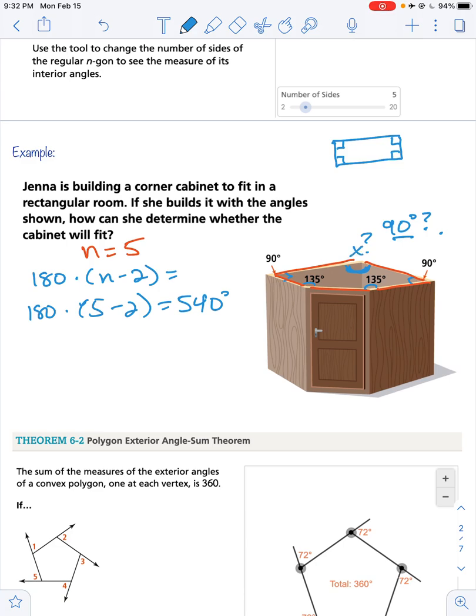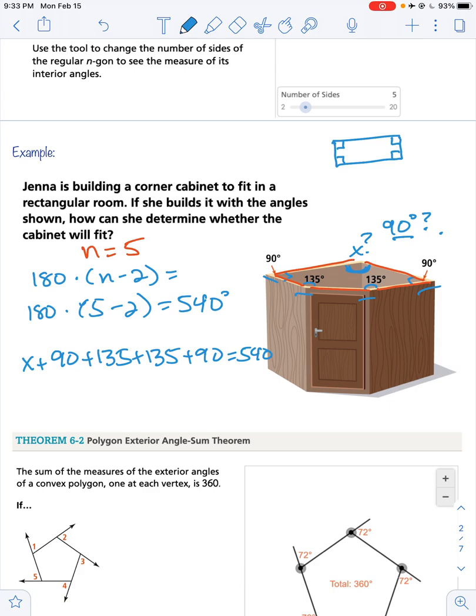So if I make this one x, I know that x plus 90 plus 135 plus 135 plus 90, which is all the other angles that I had, has to equal 540. So I can figure out what my missing angle is. Let me add all the other numbers up.